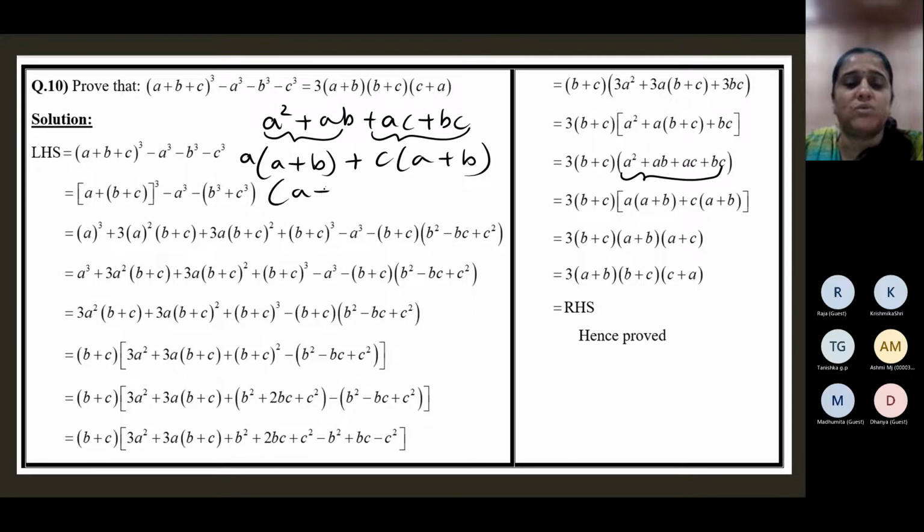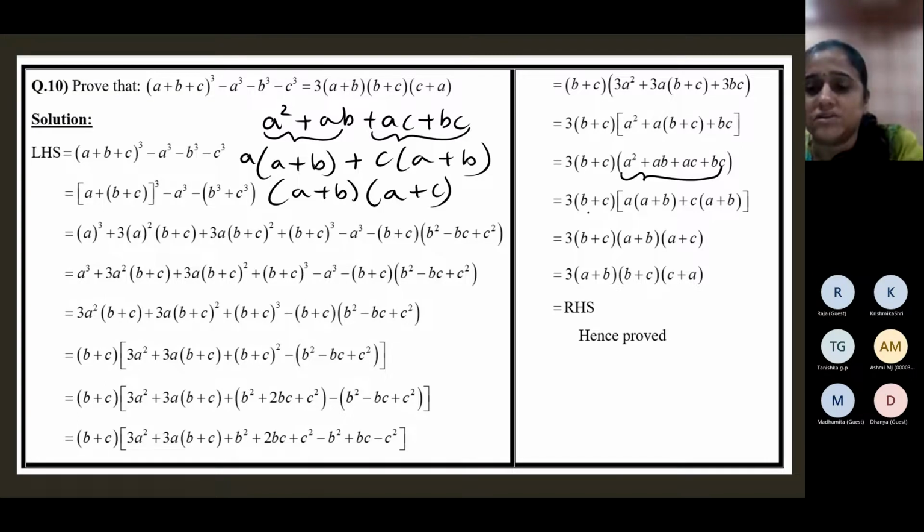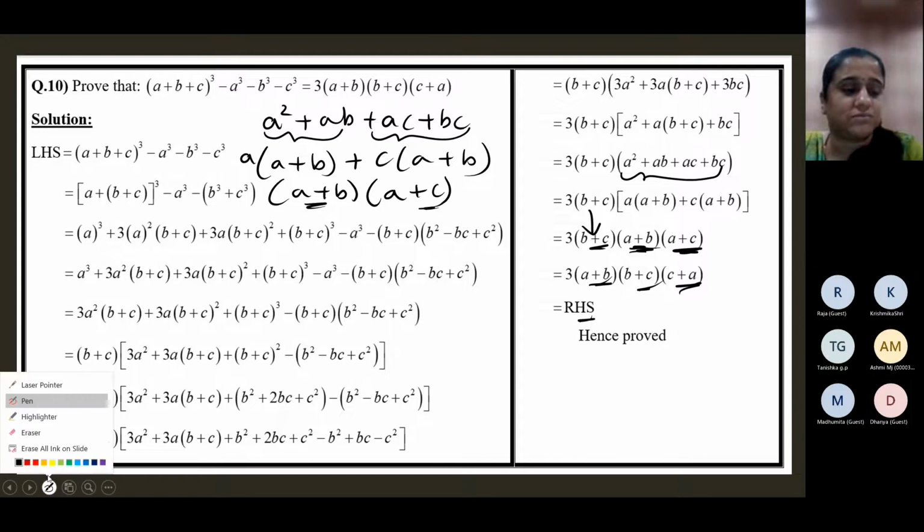So we write a plus b once and the other bracket a plus c. So you all know this. That's what is here, this 3 into b plus c. And on factorizing, we get a plus b into a plus c. Then finally, just rearrange. So write 3, a plus b, b plus c, and c plus a, which is the RHS. You can see the RHS. Hence proved.